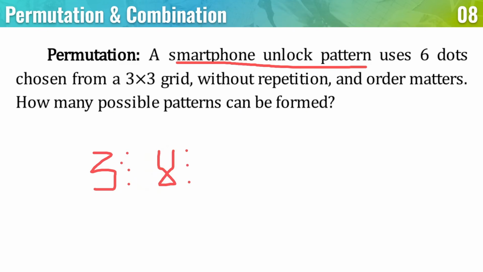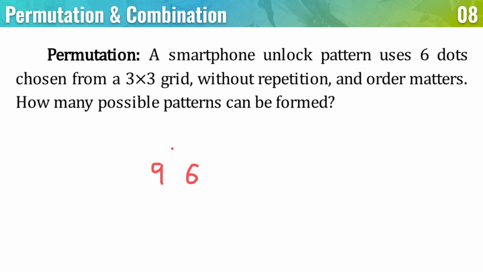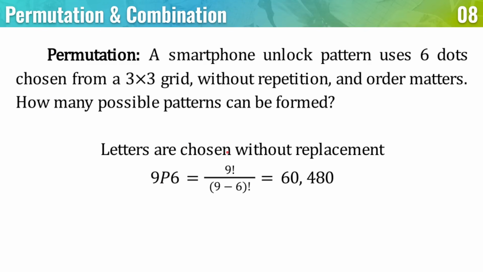Technically, you use the same dots, but they are not the same permutation. On a 3x3 grid, there are 9 options, and you need to pick 6 of them for a permutation. So we have 9P6.